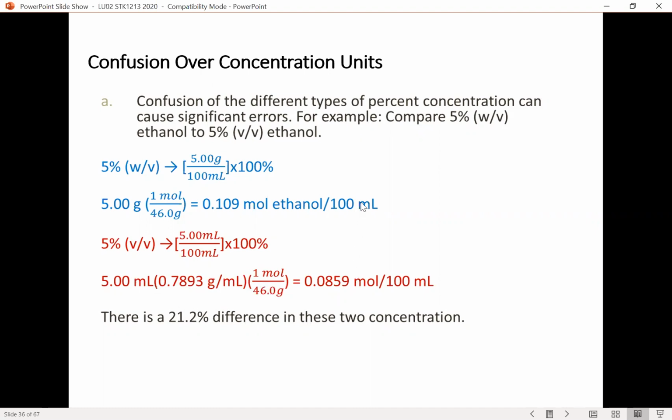So if you compare 5% weight to volume and 5% volume to volume, you will find out that 5% volume to volume has less concentration compared to the 5% weight per volume. Okay, so be careful. You have to understand and you have to identify which percentage they are referring to, when it appears in a question or in any analytical chemistry problem.